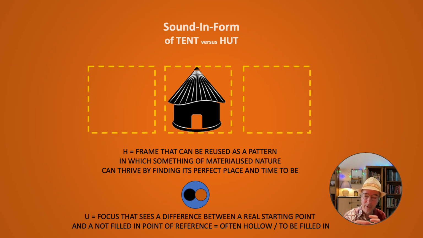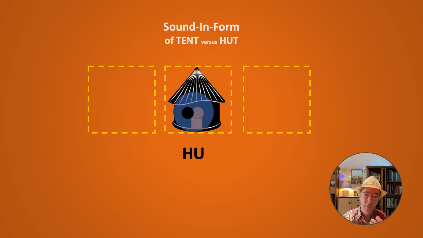So you have two points of reference of a frame, and compared to the hut, it is that material that you focus upon and the hollowness that still needs to be filled in. So when you place it on the hut, it's that difference between these two regions, and that's my focus of U. Yes, I focus on the hut.